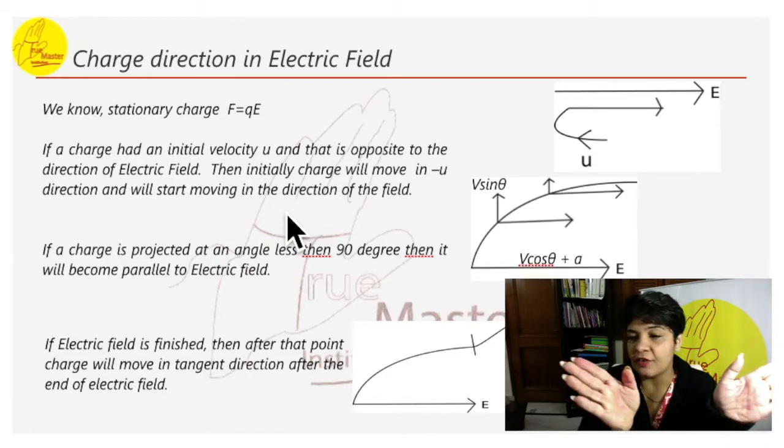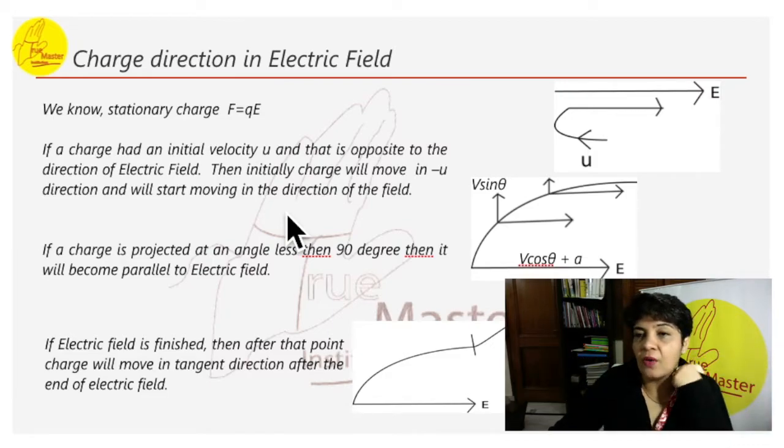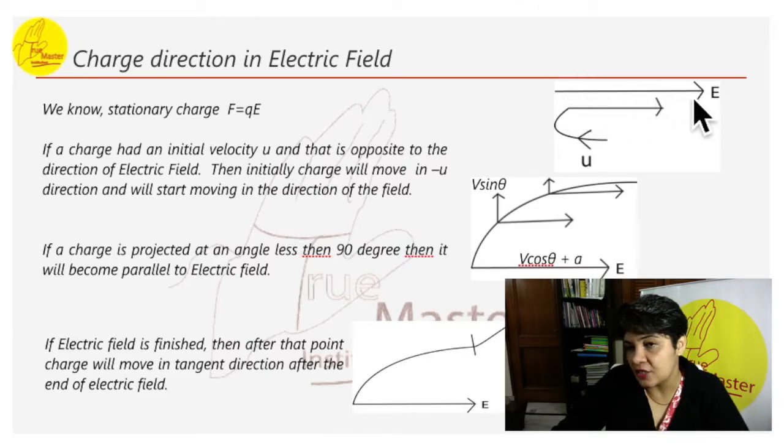If this is the electric field, it's in the opposite direction. How? Look at this example here. This is the electric field in this direction. Presently, the charge is moving opposite in this direction. So what will happen? Initially it will move in the minus U direction this side and will eventually start moving in the direction of the electric field.